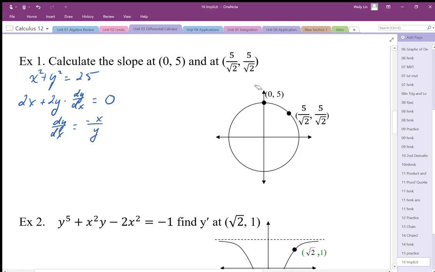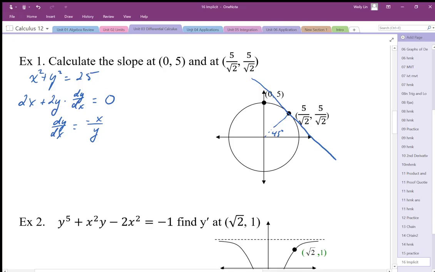Okay, so imagine a tangent line through there. So I'm going to draw my tangent line through there. We can probably see just visually that the slope, I'm just going to write my 45 degrees in there, should be negative 1. So the point is defined by x equals 5 over root 2, y equals 5 over root 2.